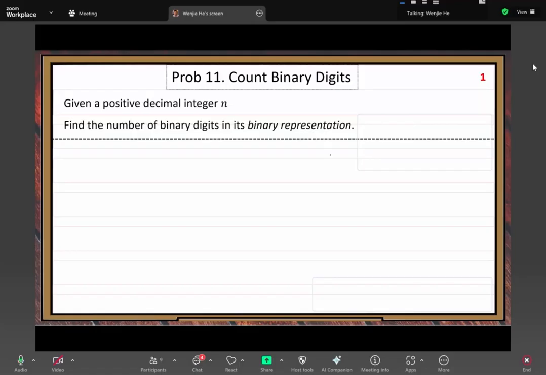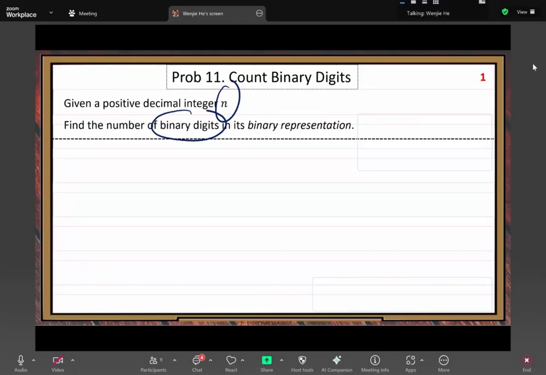In the binary representation, we want to find the binary digits, or we call them bits, the number of bits. If you do the binary conversion, how many bits do you need to use? That's the question. You need to write the number of bits in terms of this n number formula.